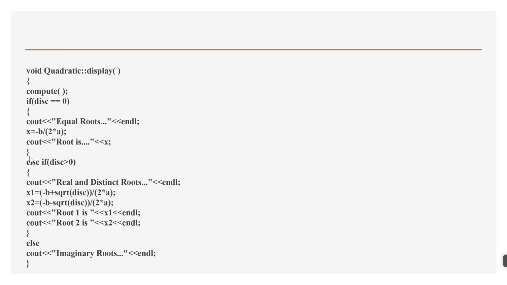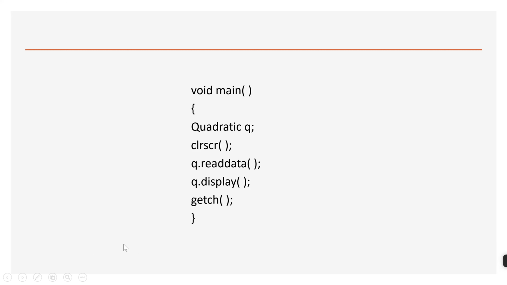Now, if my discriminant is greater than 0, then my roots are distinct. So I need to find x1, minus b plus square root of discriminant by 2a, and x2, minus b minus square root of discriminant by 2a, which are the two different roots. The formula to find out x1 and x2. Display them. Otherwise, say that roots are imaginary.